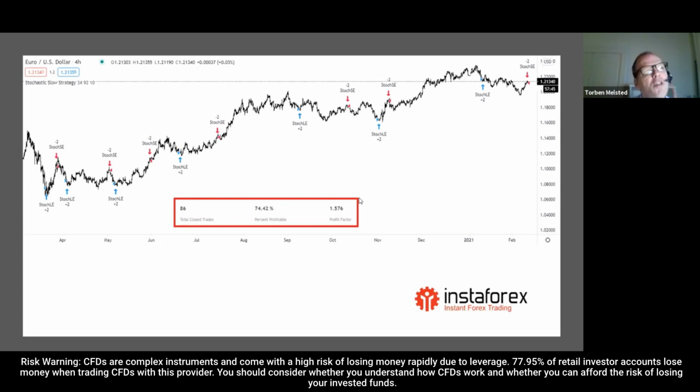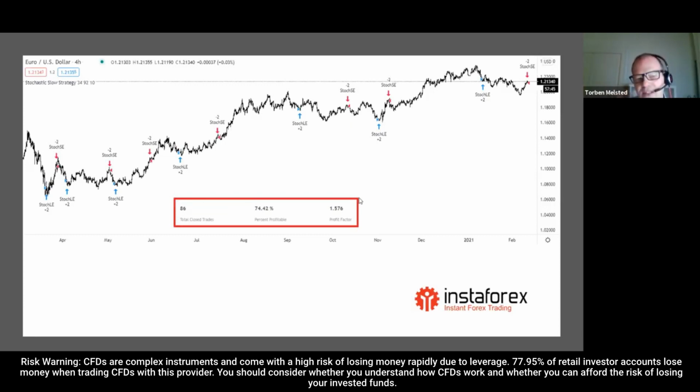The lower you go, the lower time frames you have, the more fake signals you get. That makes sense because the volatility in a smaller time frame is larger than it is in the larger time frames, and therefore you get more fake signals from that.